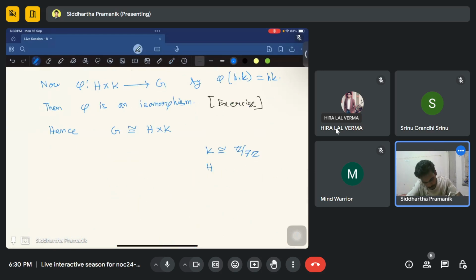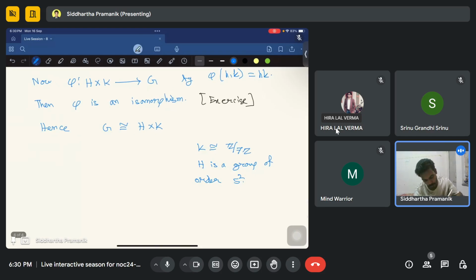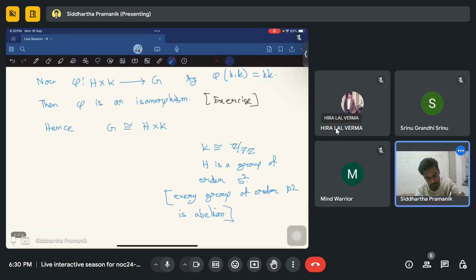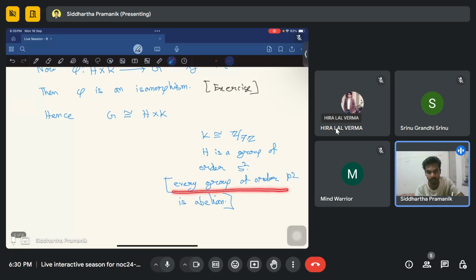So H is a group of order 5 square. So what can you say about H? Basically, in the lectures we have seen every group of order p square is abelian. So you can check the lectures that it has been proved there also.